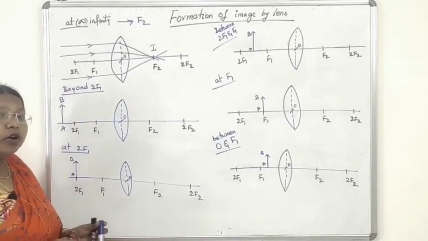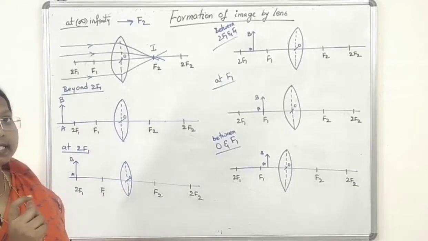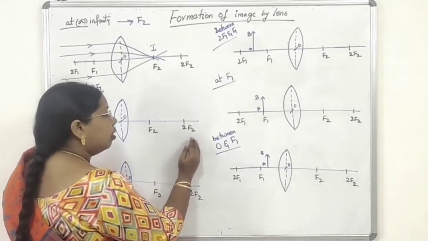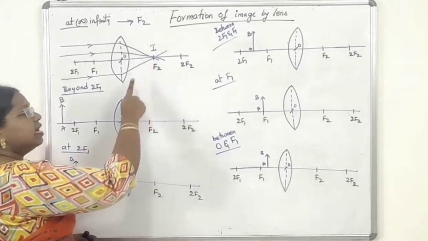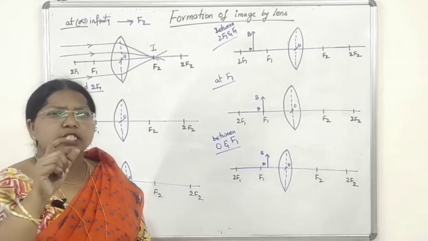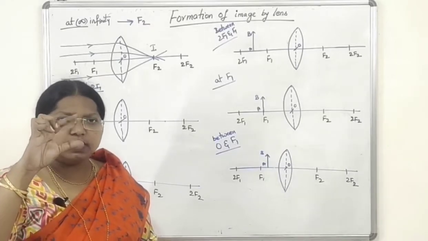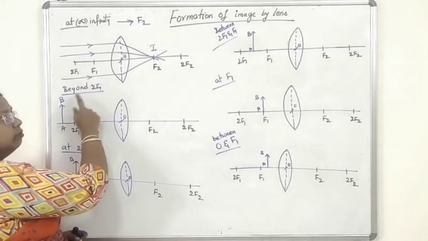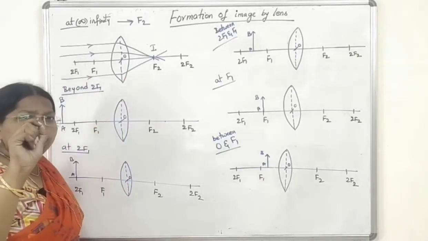Okay? Next, talking about the size. Listen, students, as we are moving, the size also increases. Here what is the size? Very small. Point image, highly diminished. Diminished means decreased. The size of the object is this much, but here the image is very small.